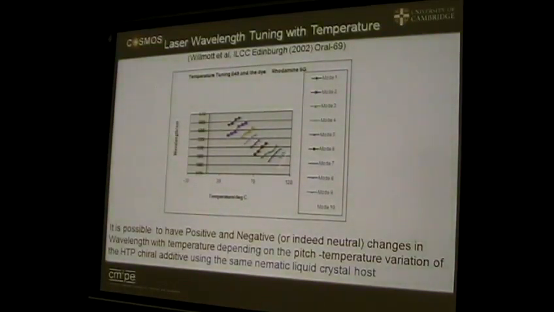The paper we gave at ILCC in Edinburgh 7 years ago was showing that if you took a chiral nematic, you could tune the system, as a function of temperature, from somewhere around 505 up to 605 nanometers. So that's the thermochromic effect, as you cool down the system. And you get these jumps.